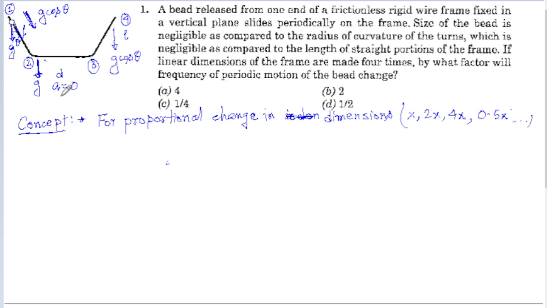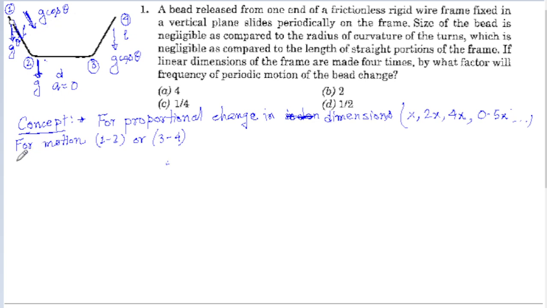For applying the proportionality concept, first of all we have to decide what type of motion it is in each segment. For motion in segment 1 to 2 or 3 to 4, these two are identical. Here acceleration is acting, the length covered is equal to L, and the acceleration is given as g cos theta.